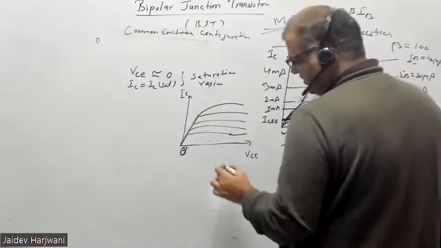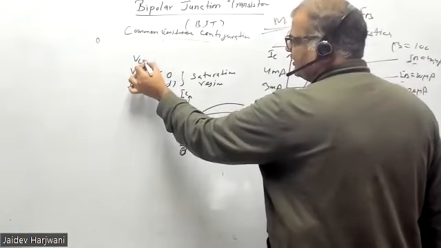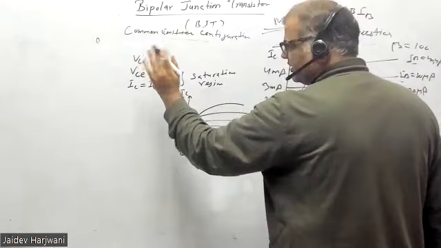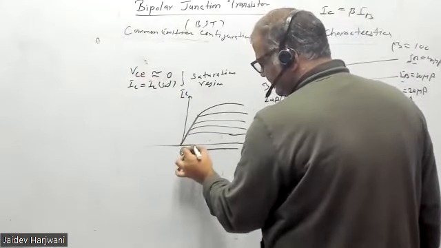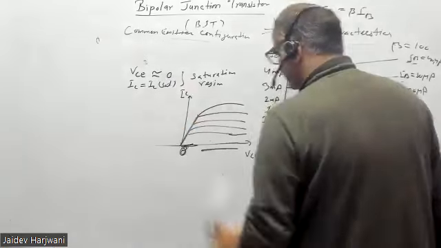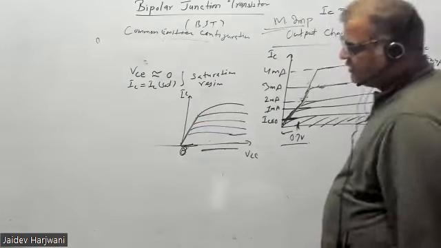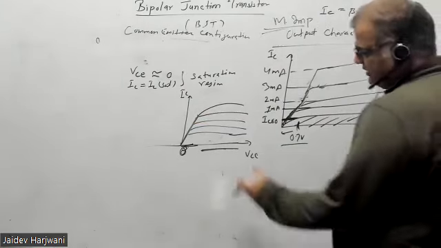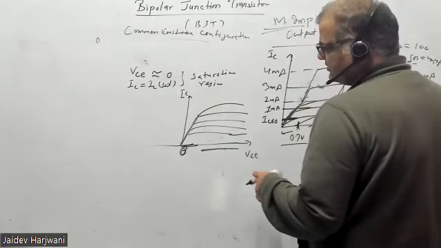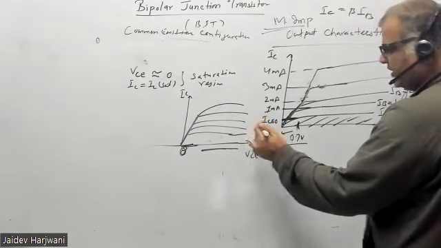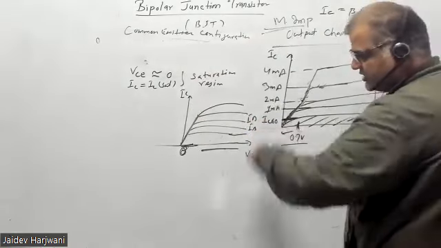But VC is somewhere here, positive. VC negative can never come. But just to understand, if VC goes very close to 0, then this is the saturation region. If it is far, 2 volt, 3 volt, 4 volt, 5 volt, much larger than VB, then the VCB is also positive, the NPN transistor is reverse biased, and of course the current is flowing, IB is flowing, the EB junction is forward biased and this junction is reverse biased.